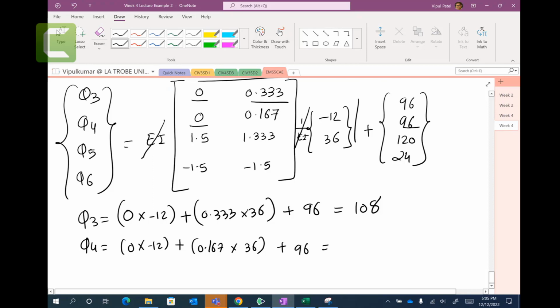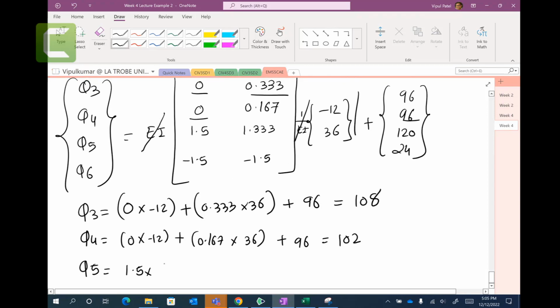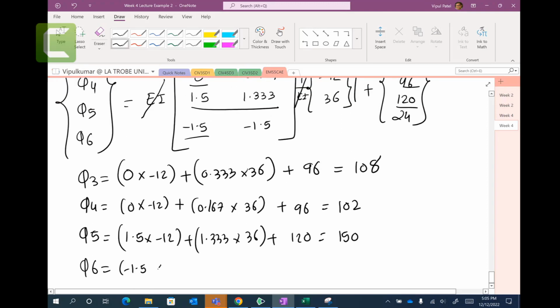You get 102. Q5 equals 1.5 times minus 12 plus 1.33 times 36 plus 120. You get 150. Q6 is minus 1.5 times minus 12 plus minus 1.5 times 36 plus 24. You get minus 12.